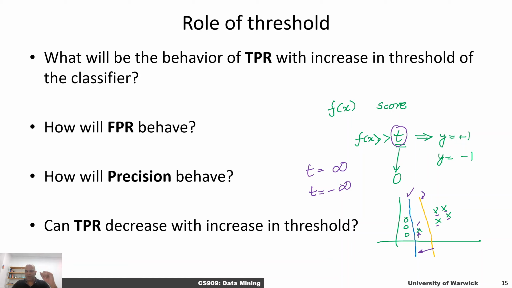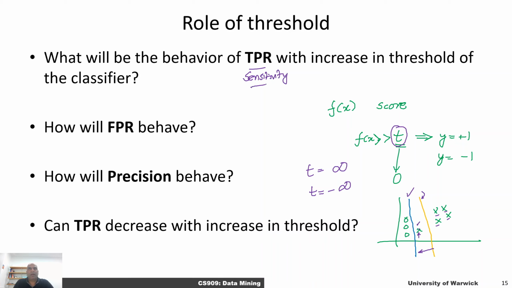So I hope you can understand now that the choice of the threshold impacts the number of positive predictions that the classifier generates, right? What we want to understand is the behavior of the true positive rate, or sensitivity, or recall. All of these are the same thing, we've talked about that.